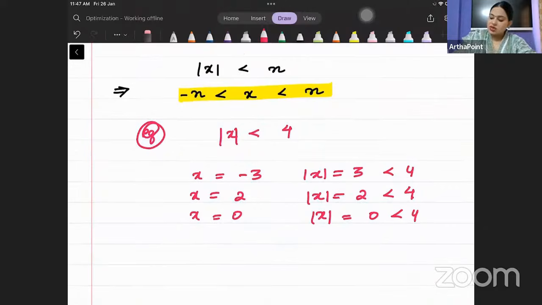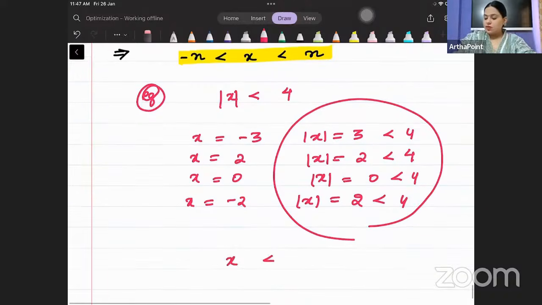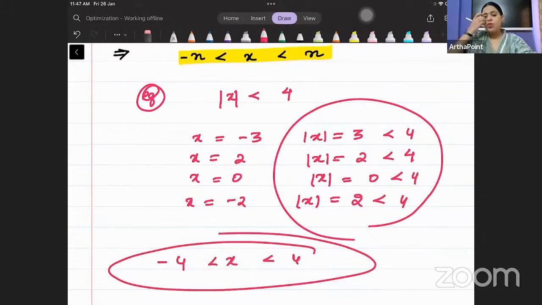So x कोई भी वैल्यू हो नेगेटिव या पॉजिटिव, इन सबका mod of x is coming less than 4 ना. When? Only when values are written between minus 4 to 4. Clear हुई ये बात? Okay.